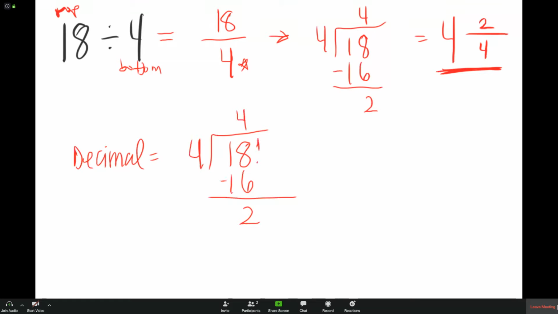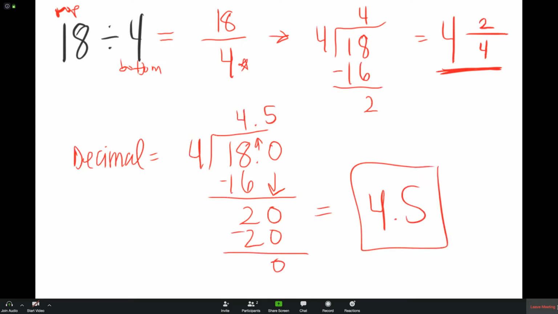Add your decimal, bring it up to your quotient, add a 0, and bring it down to your problem. 4 goes into 20, 5 times evenly, no remainders, so that's your final answer. Okay, so in your homework, you're going to be asked to find it as a fraction, mixed number, and a decimal. So please make sure you do both, okay?